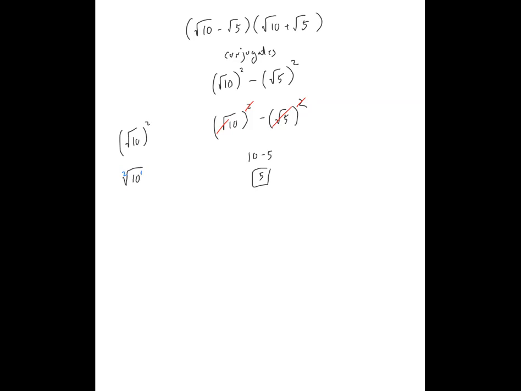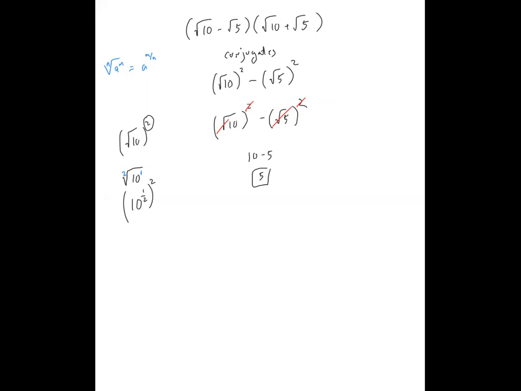Now, how can we rewrite this? Remember that we discussed last lecture how we can go from a radical to an exponential form. So how can we rewrite that radical as an exponential form? Wouldn't it be 10 to the power of 2 over 1? Close. Or 1/2. Very good. So that would be 10 to the power of 1/2. And don't forget, we have this 2 on the outside, so we bring that back.